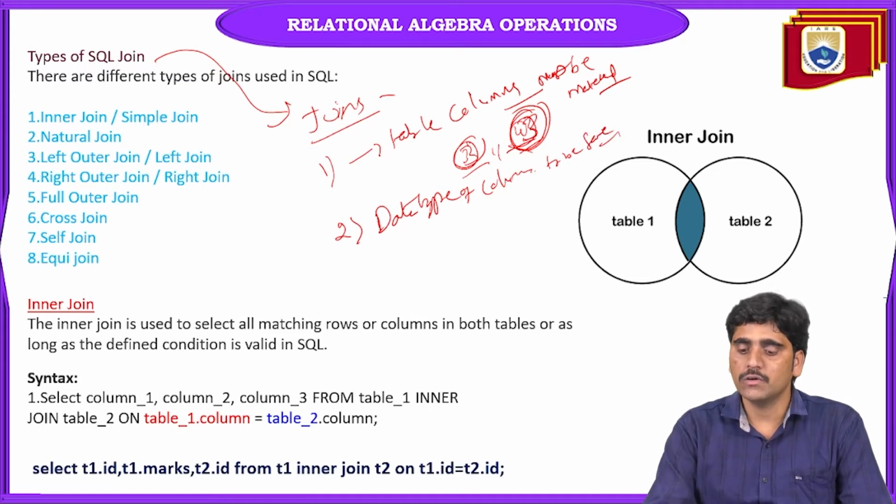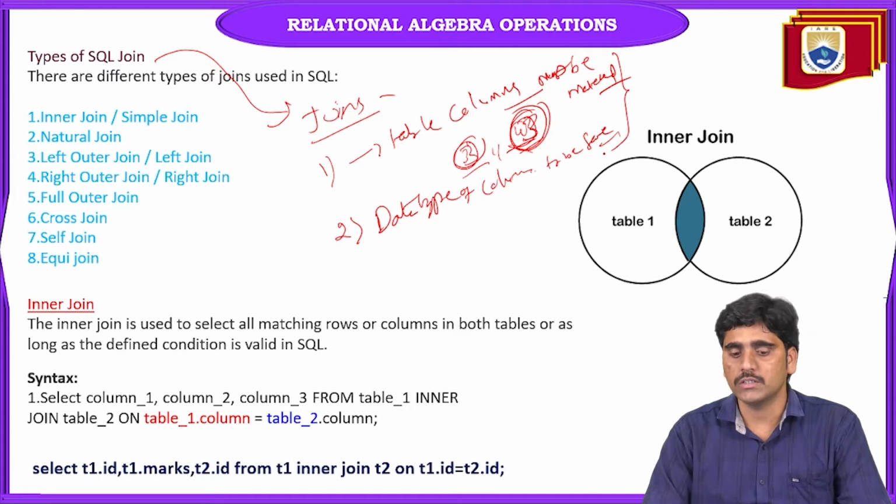So based on these two things, the same columns and the same data types, we are going to perform join operations on two tables or three tables, or any tables. We can perform join operations on all the tables.